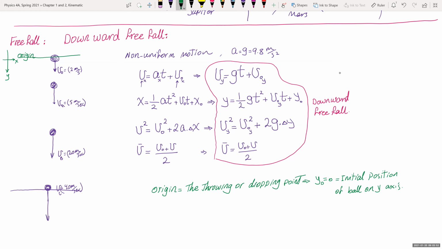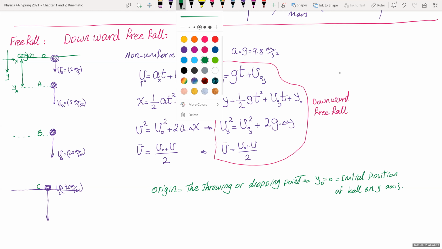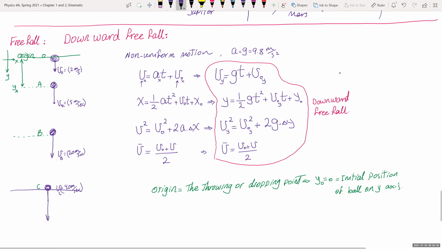Let's say this ball, here is O or origin, here is point A, here is point B, here is point C. At point A, of course you have YA. This is the position of the ball on the y-axis at point A. At point B, of course we have YB.